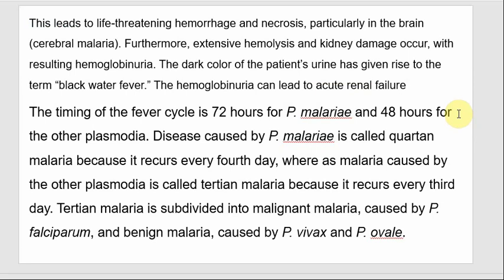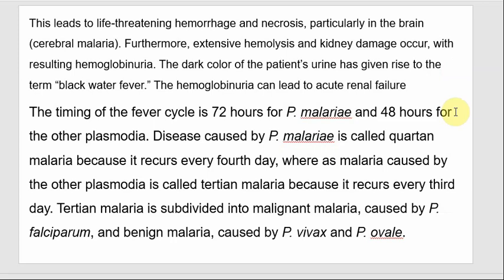Furthermore, extensive hemolysis and kidney damage occur, with resulting hemoglobinuria. The dark color of patient urine has given rise to the term black water fever. The hemoglobinuria can lead to acute renal failure.